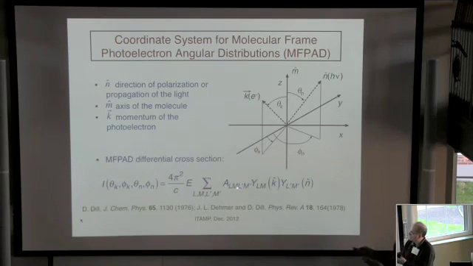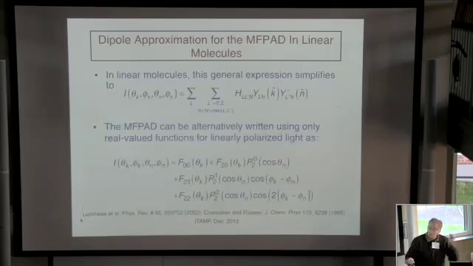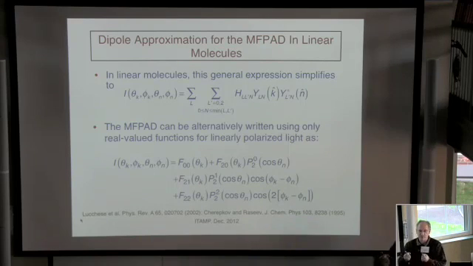Now experimentalists like to think about what's the best way to analyze this data. One of the first things I did when I started this collaboration with Daniel Dowek in Paris was to say, well, let's try to simplify the equations a little bit so that experimentalists have some tools to work with. First of all, if you consider just linear molecules and one photon ionization, then the sum of the circular harmonics on the field only goes up to L equal 2.